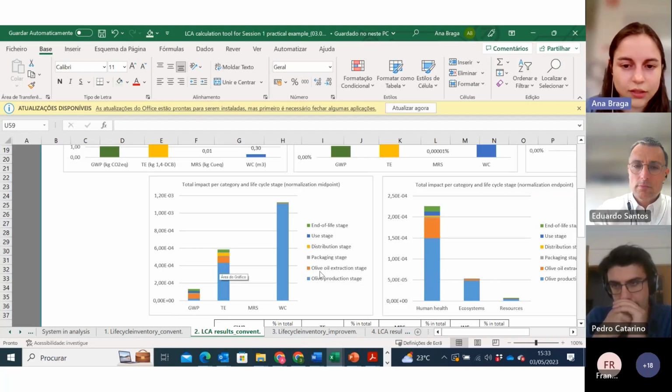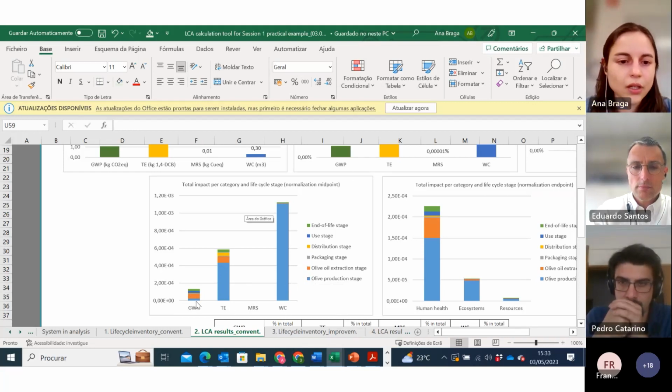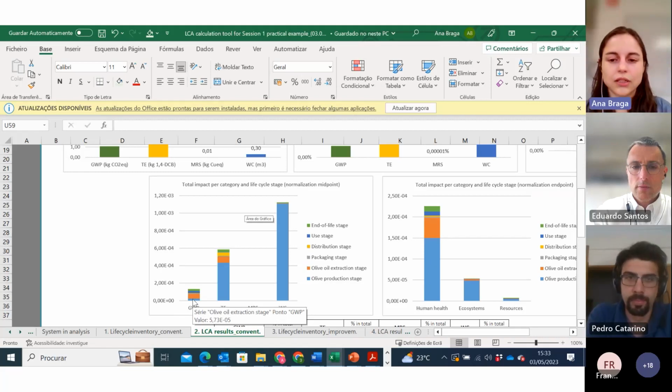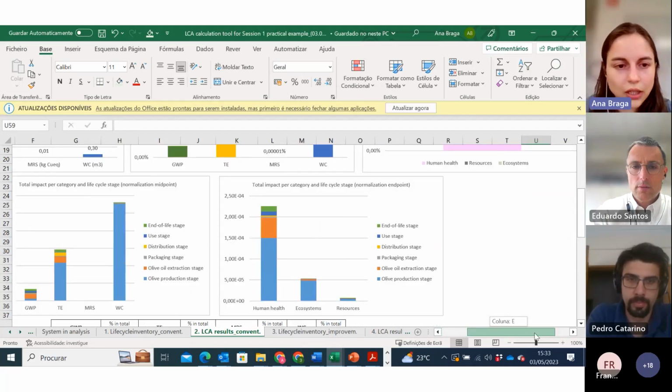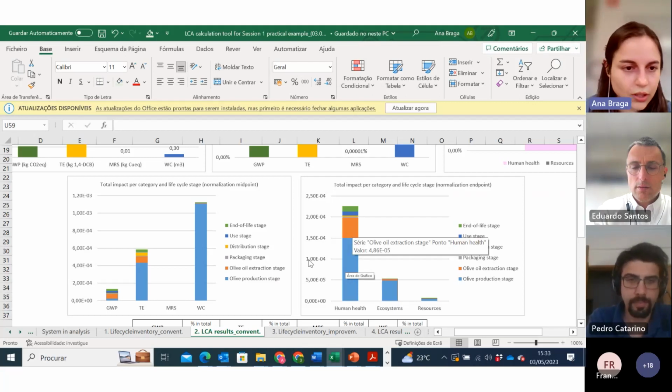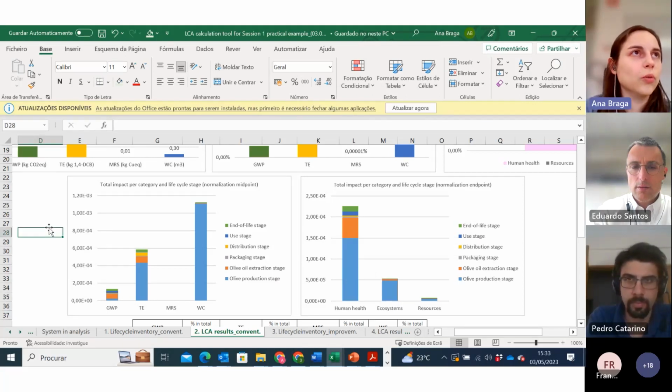So these are the two main stages that contribute most to the impact of olive oil. For global warming, it is the olive oil extraction that contributes the most. And for the endpoint categories, it continues to be the olive production stage and also the olive oil extraction.